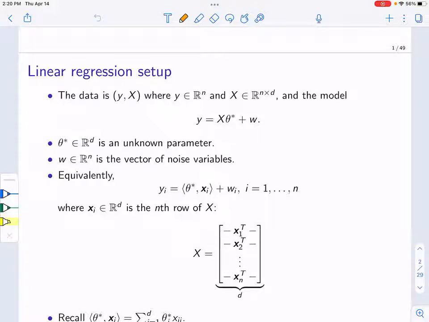Okay. That's the Gaussian solution, or Gauss's solution, to regression. But as a model, what kind of model is it?